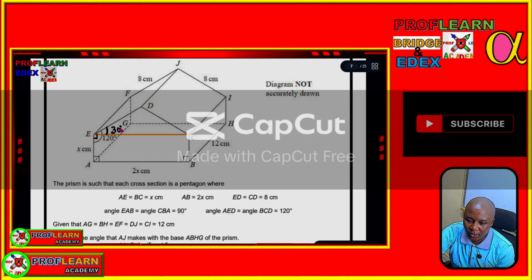Angle AED is 120 degrees, so all of this angle is 120.